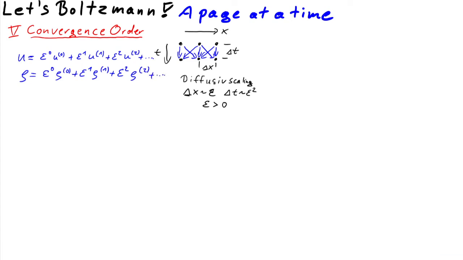And then by means of asymptotic analysis, we can derive the Navier-Stokes equation, which comes out in the following form: we have a dt u.